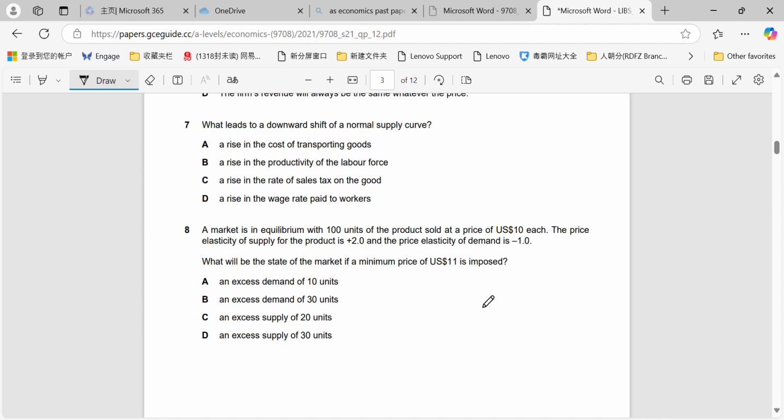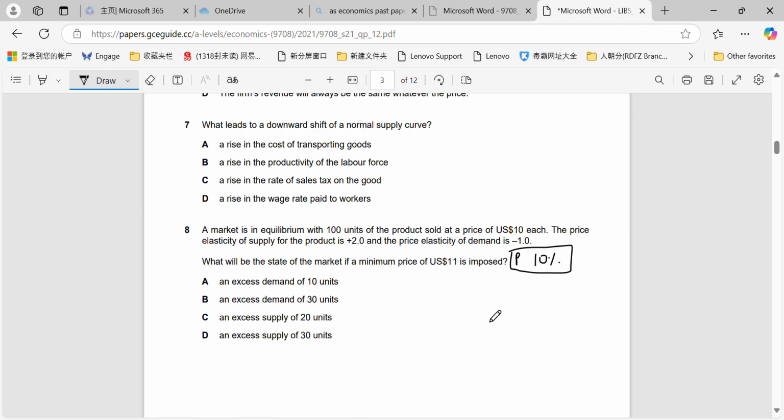Question 8. A market is in equilibrium with 100 units of the product sold at $10. PES is 0.20, PED is minus 1.0. What will be the state of the market if a minimum price of $11 is imposed? Okay, so very simply, the price of the product is changing by 10%, right? If we know our formula for PED and our formula for PES, we should be able to calculate this very easily.